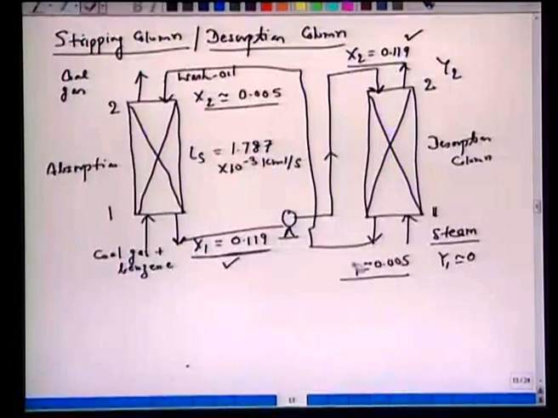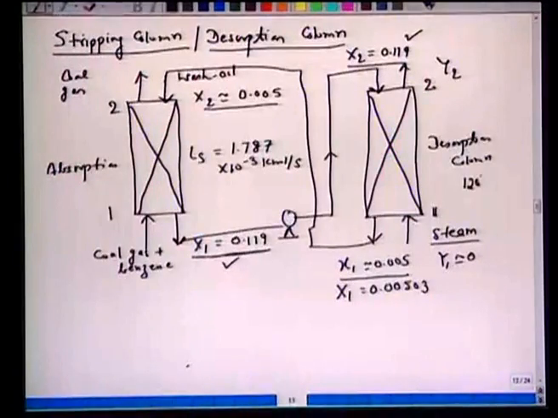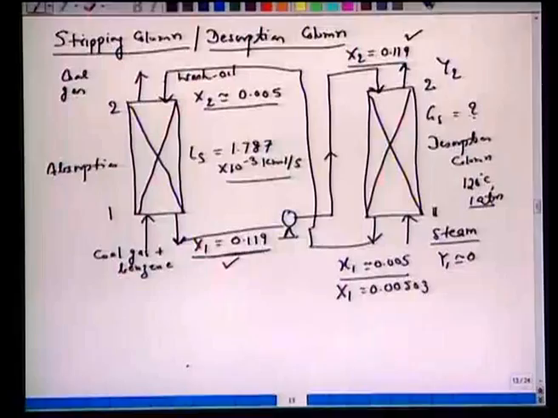If you recall, we had this mole fraction as 0.005, so capital X1 on solid free basis is 0.00503. The temperature is given as 120 degrees centigrade and 1 atmosphere. The liquid flow rate here is given, but GS we have to find out. And it's given that this GS is 1.5 times GS min.